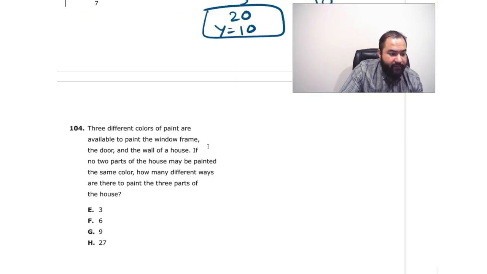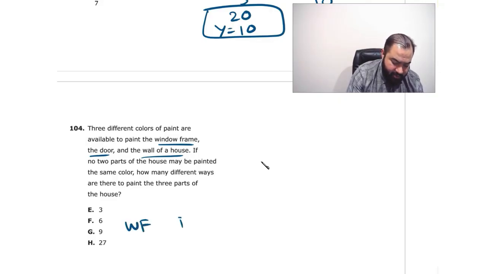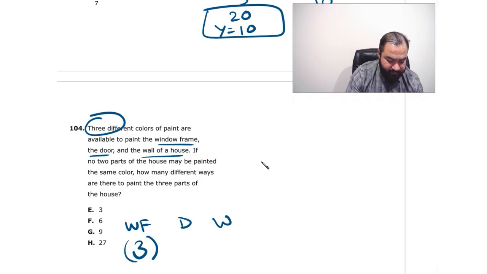Three different colors of paint are available to paint the window frame, the door, and the wall of a house. No 2 parts of the house may be painted the same color, so there are 3 different colors. For the window frame we have 3 options, right?